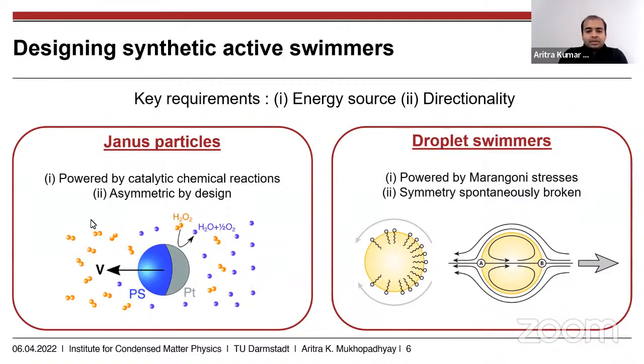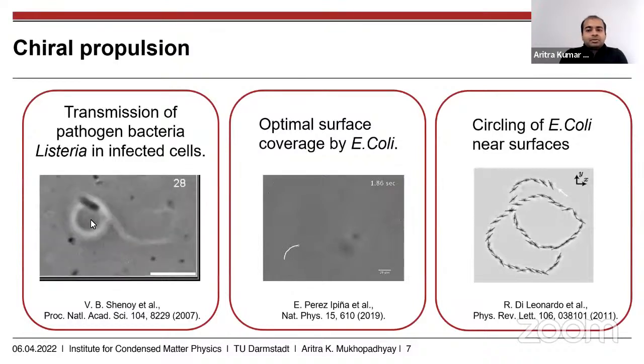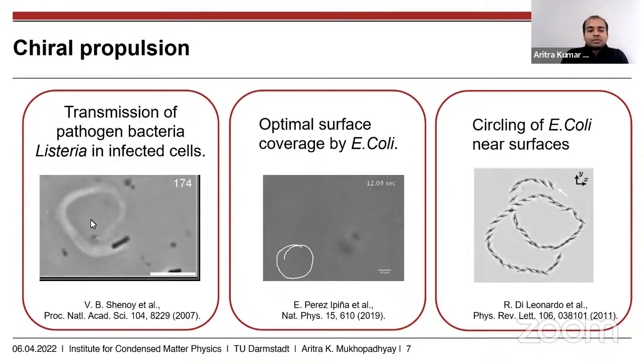Not only linear self-propulsion, but natural active particles can also propel in a chiral fashion and show circular motion, which is again very important depending on the living conditions of the bacteria or microparticles. For example, some bacteria like Listeria, as shown here, can form trails of actin molecules, and they can use these trails to move in a circular fashion, and this helps them to transmit or infect their cellular targets and also infect other new cells.